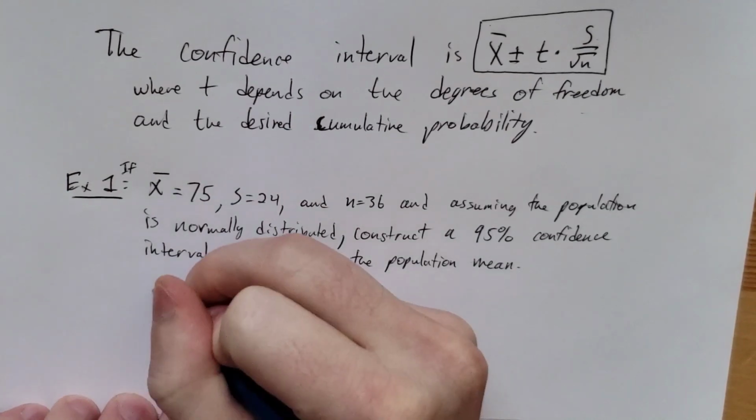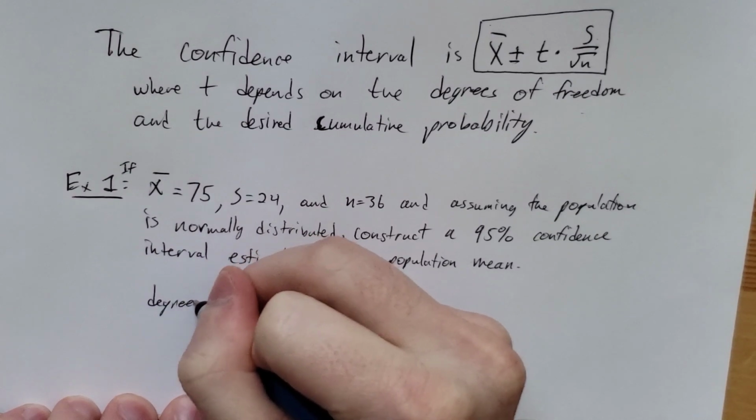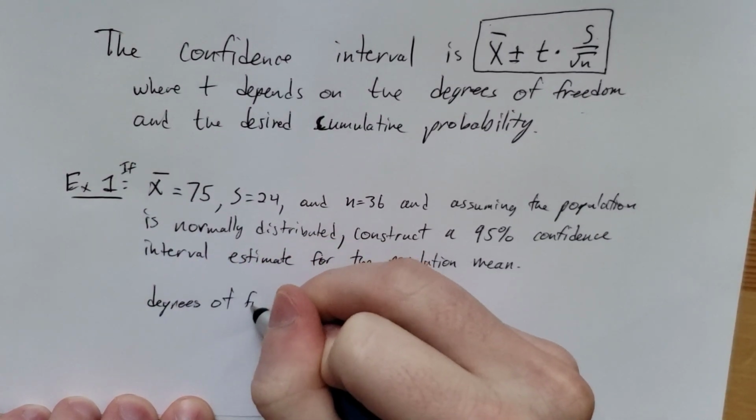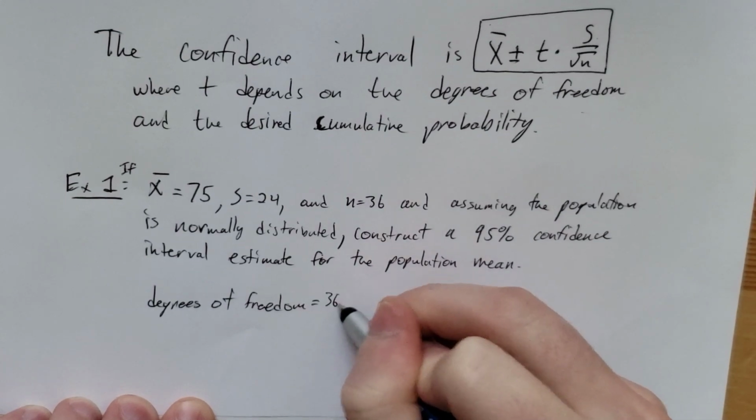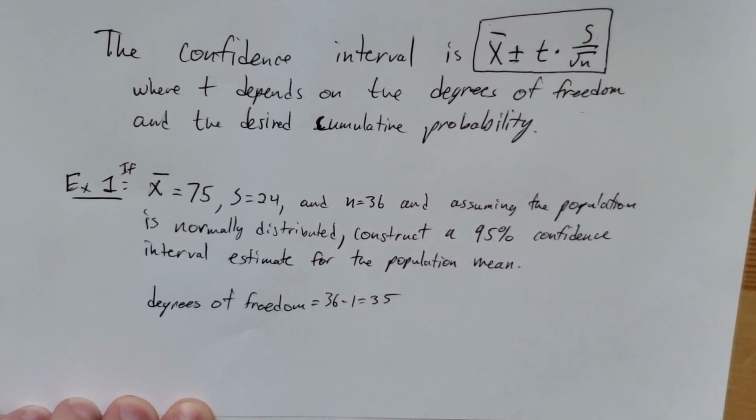Here, the degrees of freedom is equal to 36 minus 1, or 35.